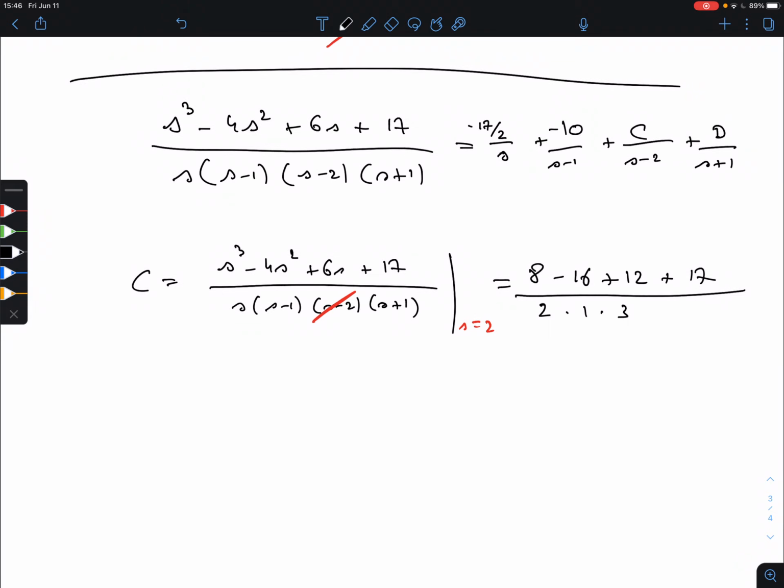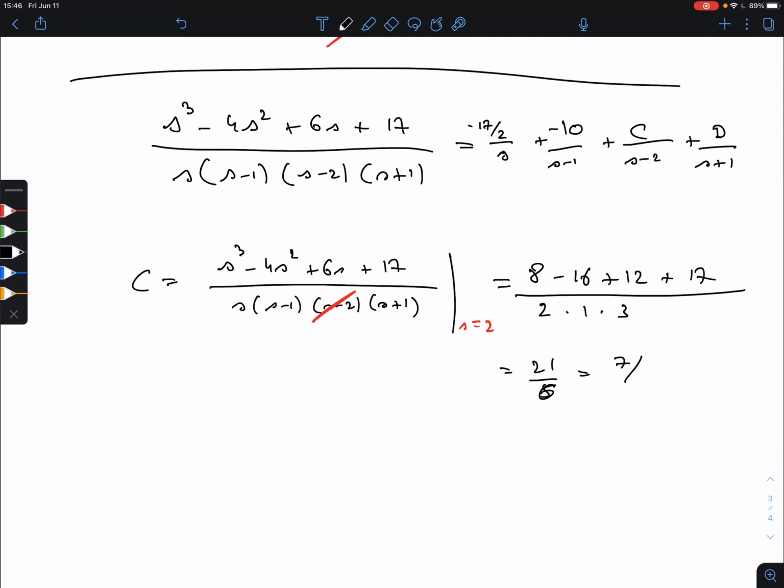Of course, you can never get 0 in the denominator, because otherwise you cancel the wrong thing. So what does that mean? On top, minus 8, plus 4, plus 17, so 21 over 6.